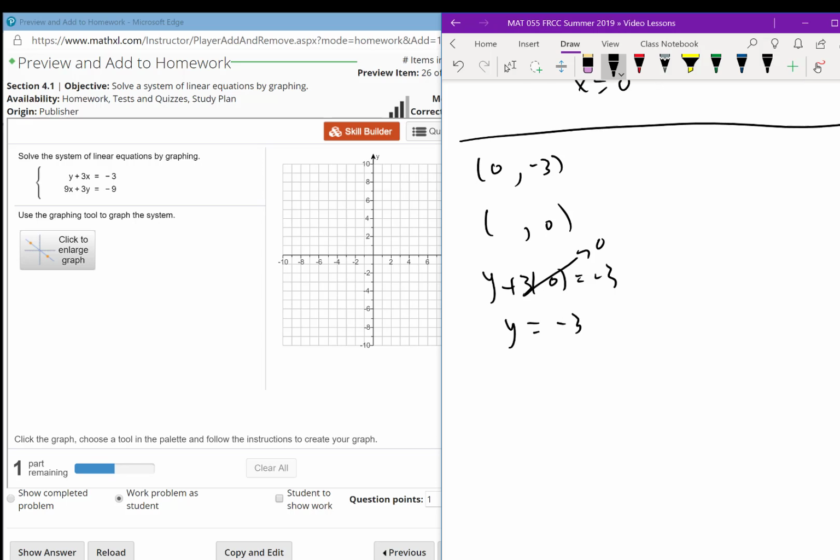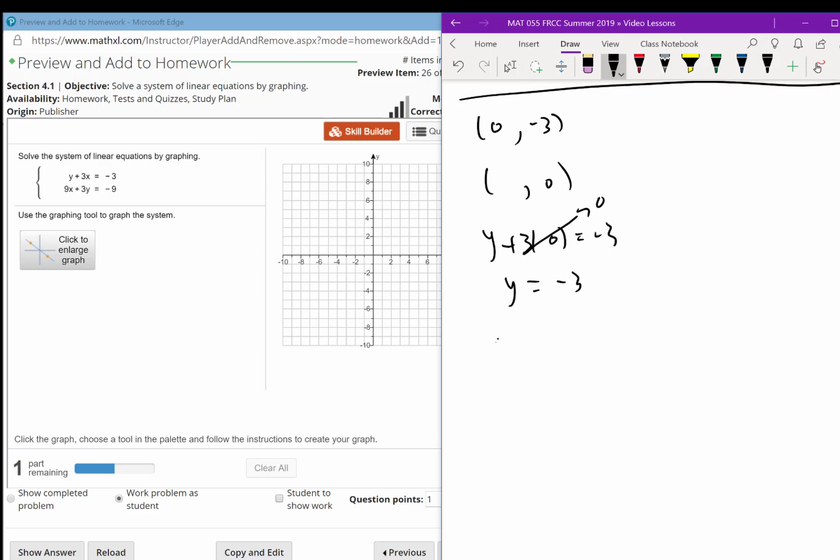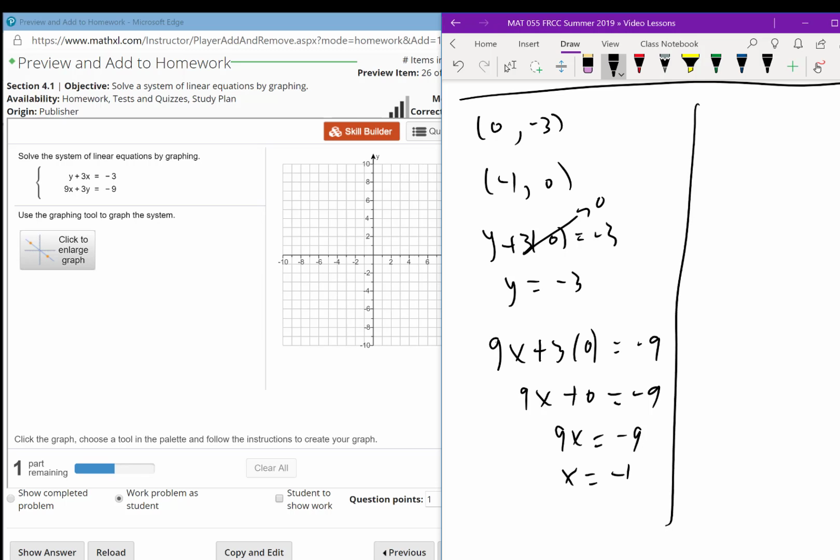Now substituting 0, I get 9x plus 3 times 0 equals negative 9. So 9x plus 0 equals negative 9. So 9x equals negative 9. So x equals negative 1. So I could put a negative 1 right here.